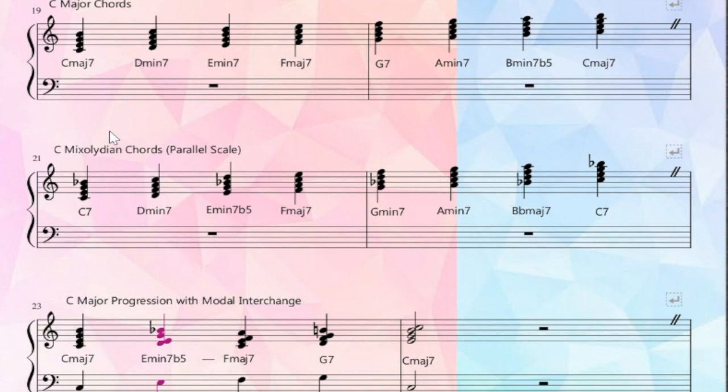In mixolydian, the 7th is lowered by a half step, and you can see my video on modes for more information about the major modes. So in C mixolydian, you'd have the C dominant 7, D minor 7, E minor 7 flat 5, F major 7, G minor 7, A minor 7, B flat major 7, and then C dominant 7. So here's what it sounds like.